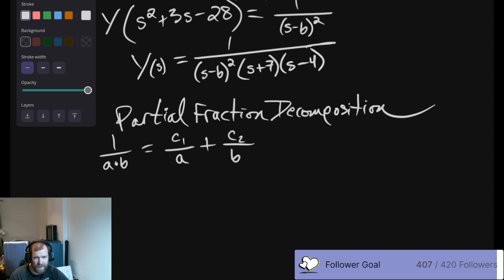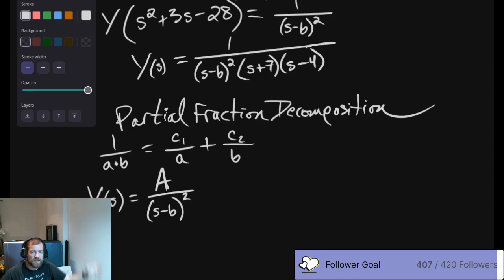So for right now, what we're going to do is say, all right, we need all of our pieces from capital Y of s to be 1 over the first part, which is going to be s minus b squared. And in fact, we don't know it's 1. We're just going to call it a.